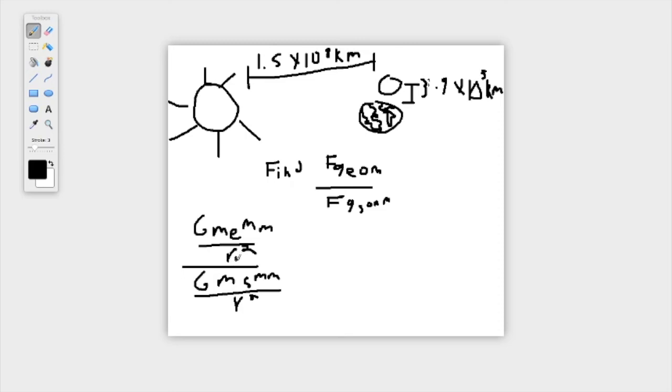And let's call this R1 and R2 because they have different distances. We see that the mass of the moon cancels out, and also the gravitational constant cancels out.